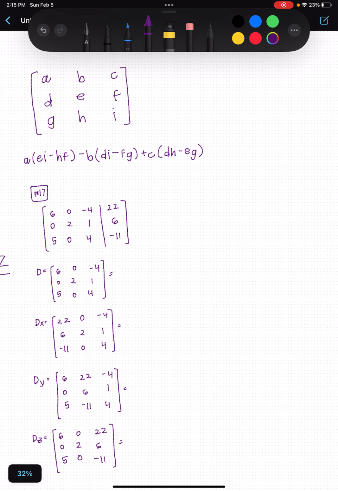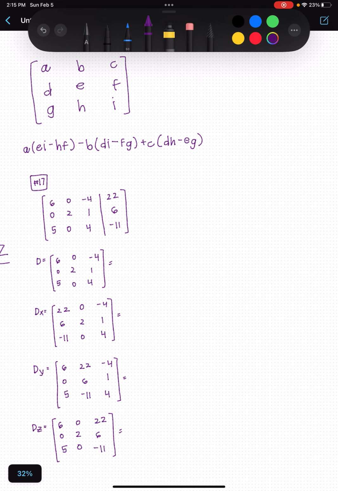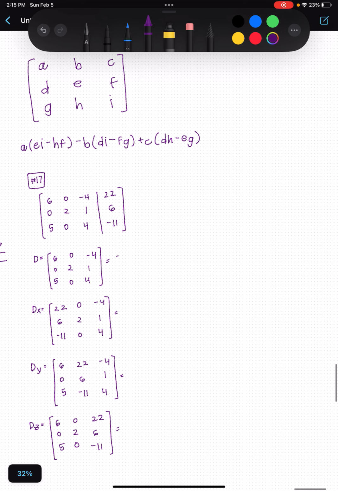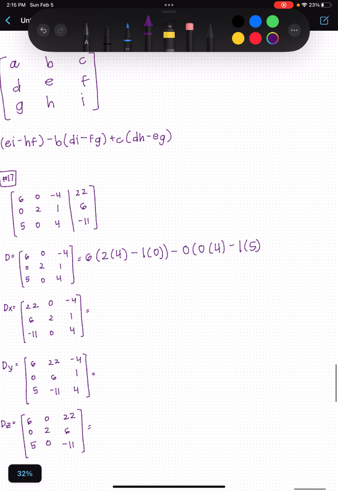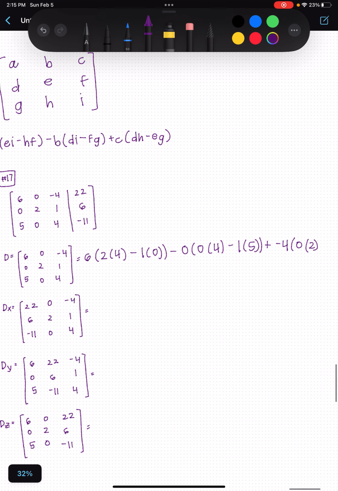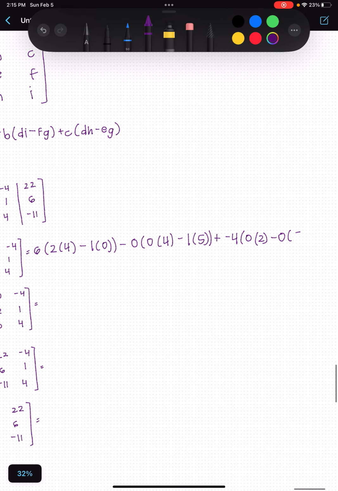Okay, so now when we want to find the determinant of this first matrix, this D, it would be 6 times 2 times 4 minus 1 times 0, minus 0 times 4 minus 1 times 5, plus negative 4 times 0 times 2 minus 0 times 5.